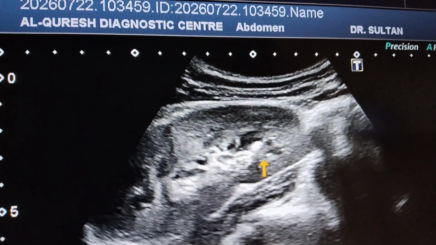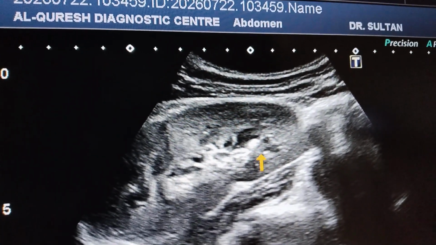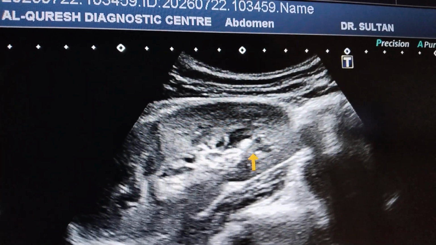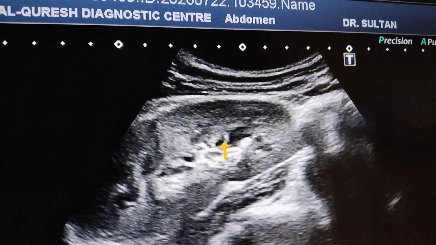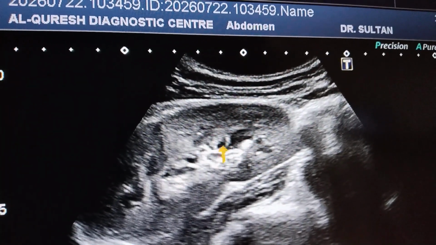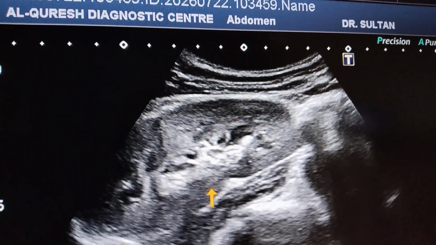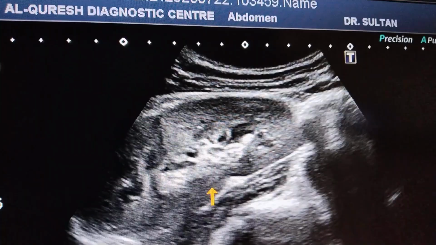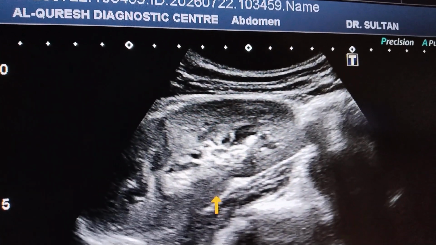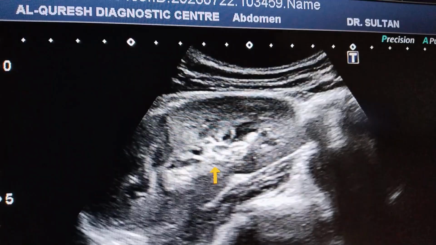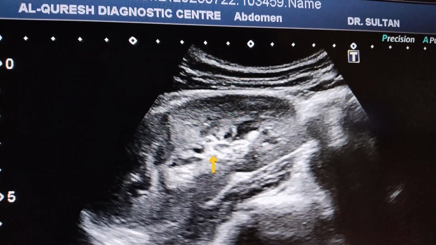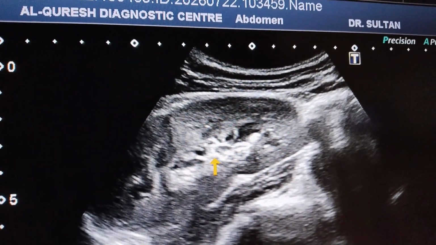Always remember that a stone must be present in the calyceal system, or in the papilla, or in the renal pelvis, or in the minor or major pelvis. It will not be present in the renal sinus fat.